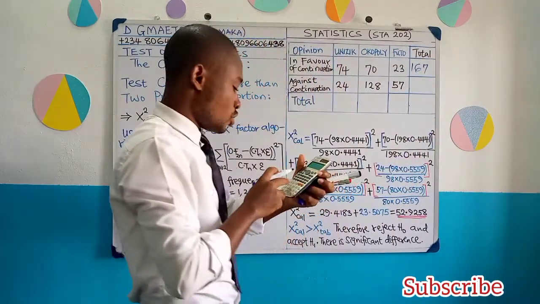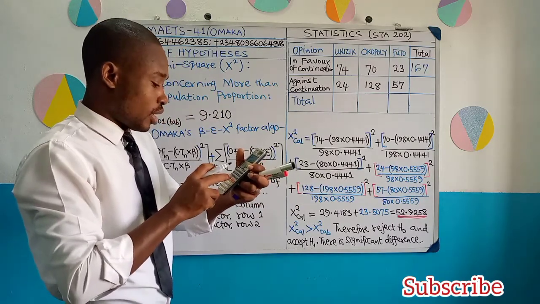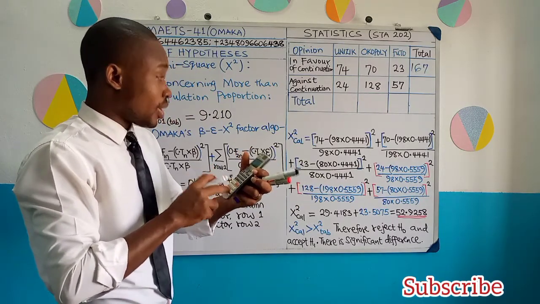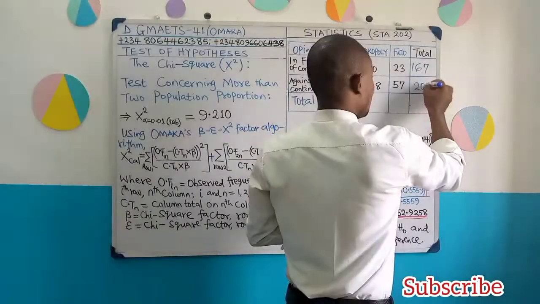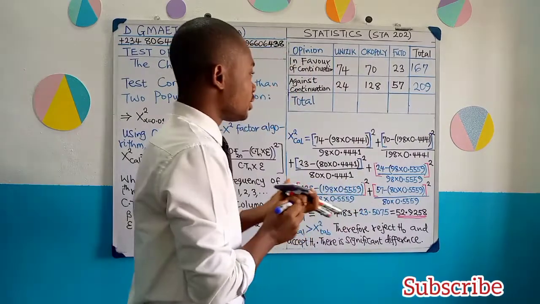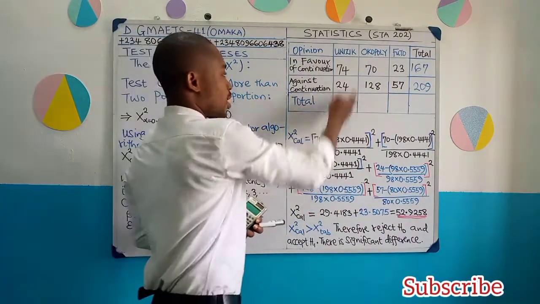And then let's check our row 2, 24 plus 128, and then we are adding it to 57. So it gave 209. All right, let's check the column totals. We have 3 columns here.